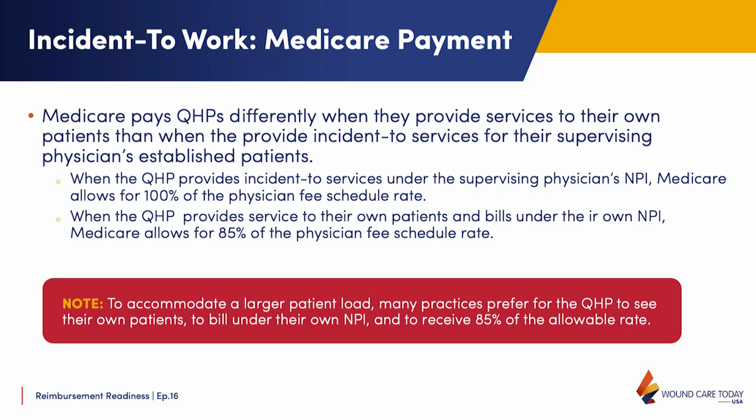When the QHP provides service to their own patients and bills under their own NPI, Medicare allows for 85% of the physician fee schedule rate. Please note, to accommodate a larger patient load, many practices prefer for the QHPs to see their own patients and bill under their own NPI and receive the 85% of the allowable rate.